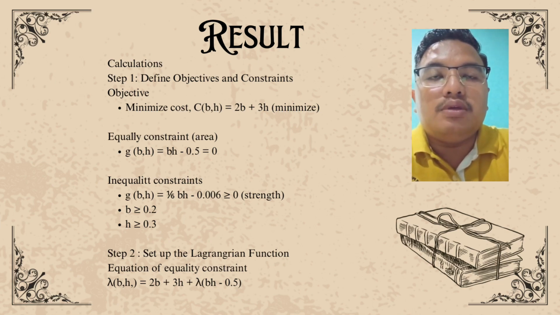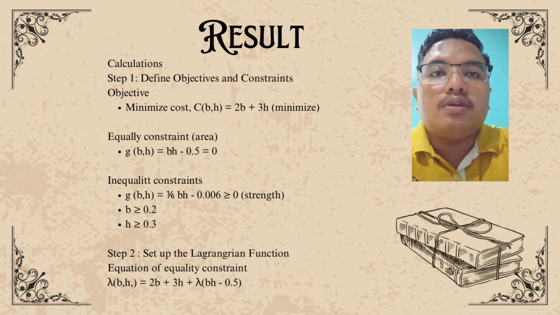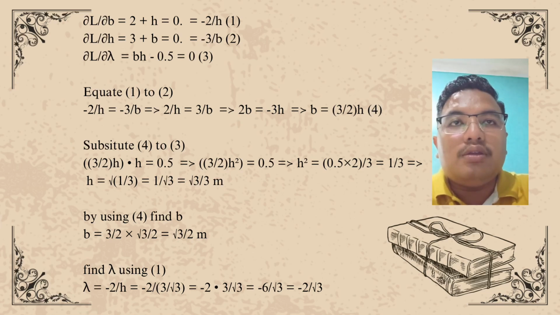The practical limits are B is greater than or equal to 0.2 meter, H is greater than or equal to 0.3 meter. The Lagrange method handles the equality constraint BH equal to 0.5 explicitly, while inequality constraints are verified later. The Lagrangian incorporates the equality constraint: L(B, H, lambda) equals 2B plus 3H plus lambda times (BH minus 0.5).